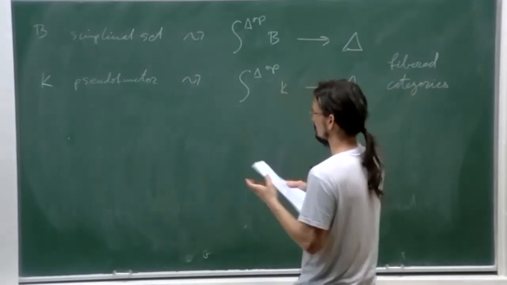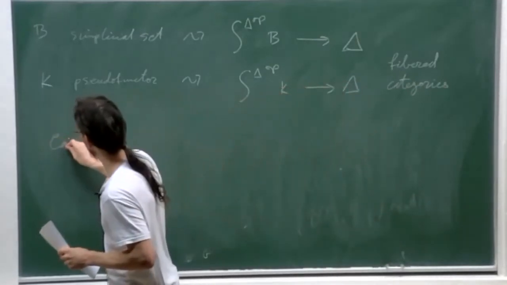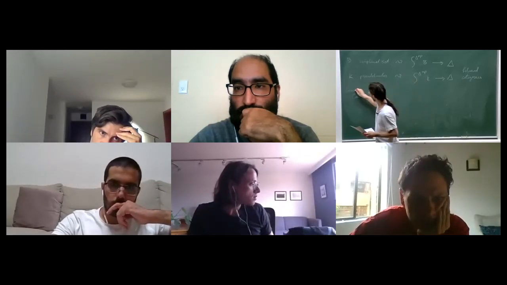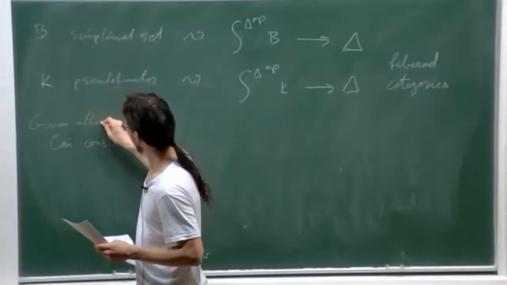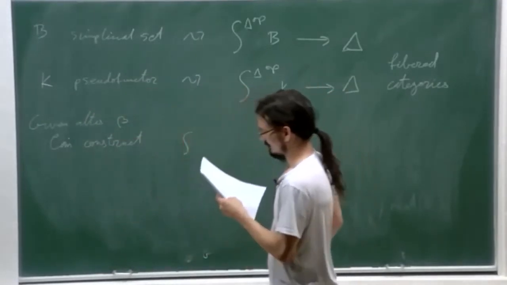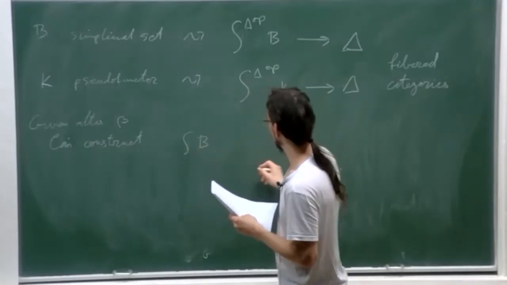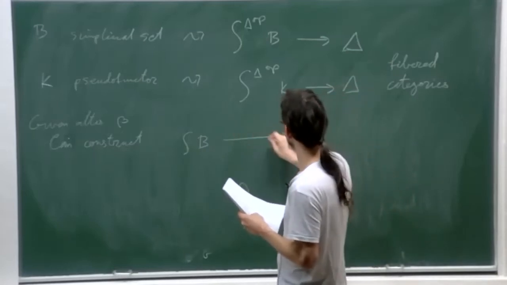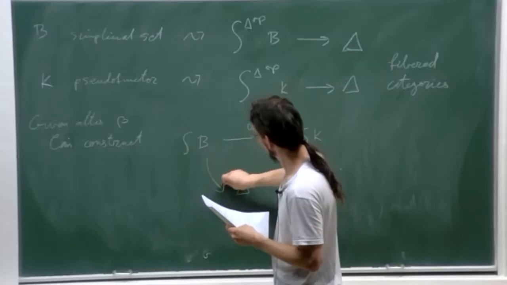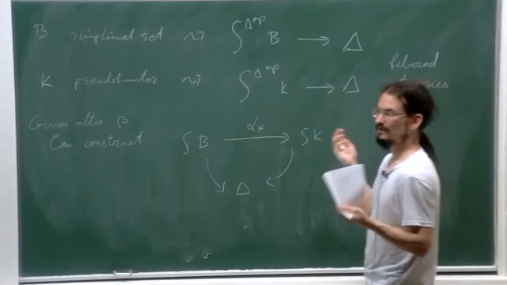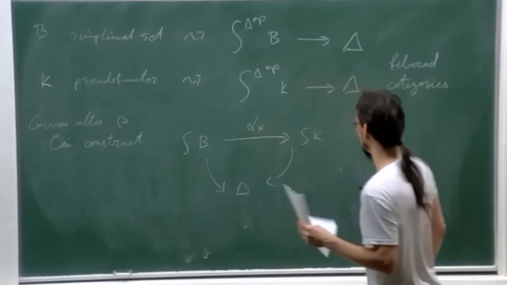So now, given an atlas beta, we can just construct a functor between these fibered categories. And then you can take the nerves of these fibered categories.